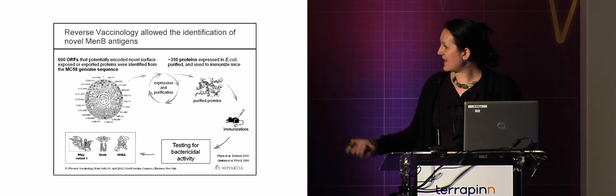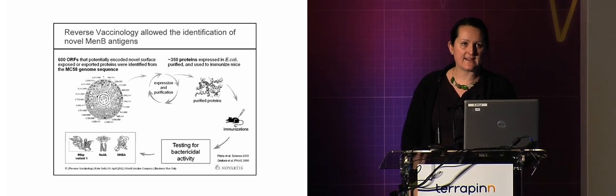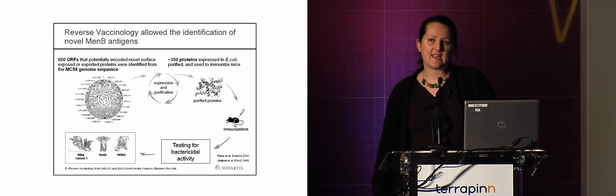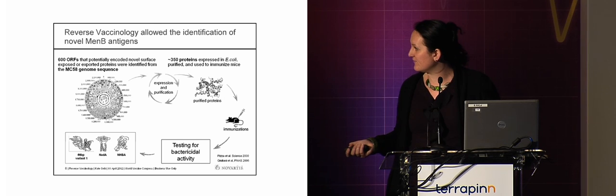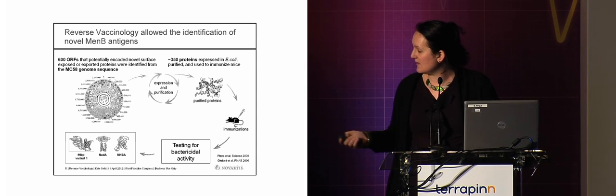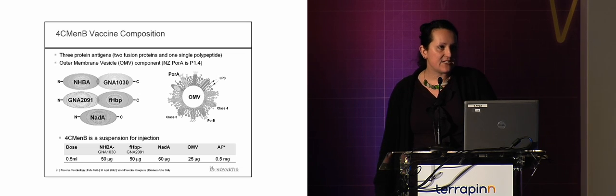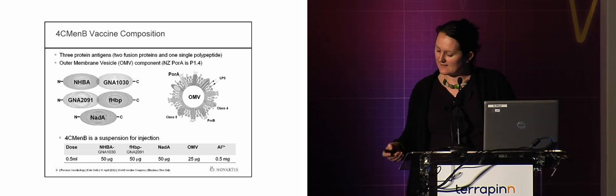From this screening process, the top candidates were then further analyzed for their conservation between different strains. The antigens were also optimized for their immunogenicity by creating fusion proteins that were then tested individually or in combination and in many different formulations. Essentially, the best combination that we chose was that which gave the broadest cross-bactericidal protection against diverse strains.